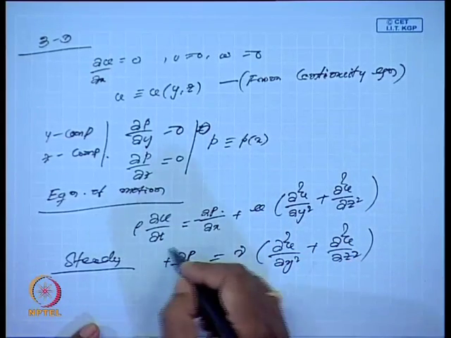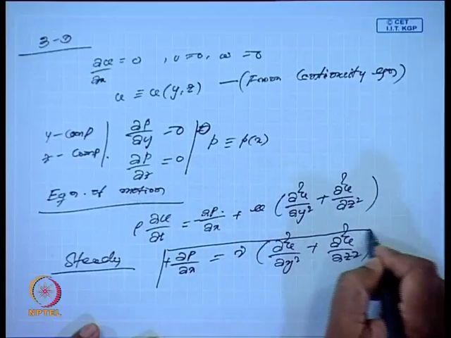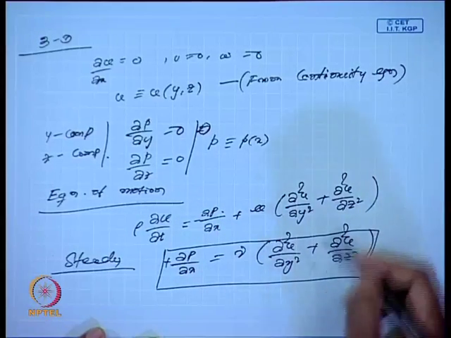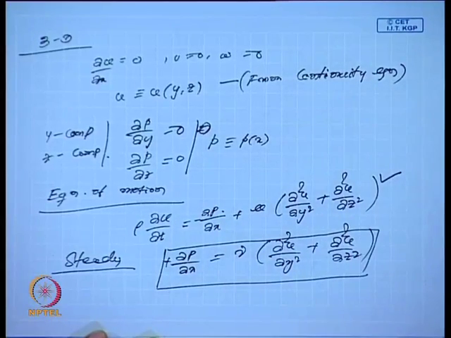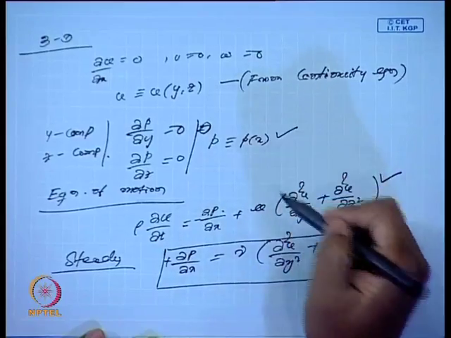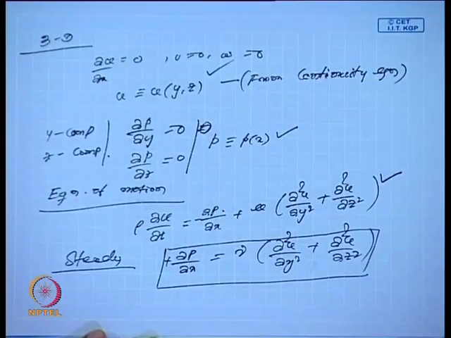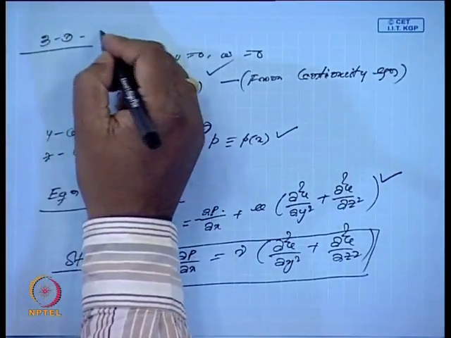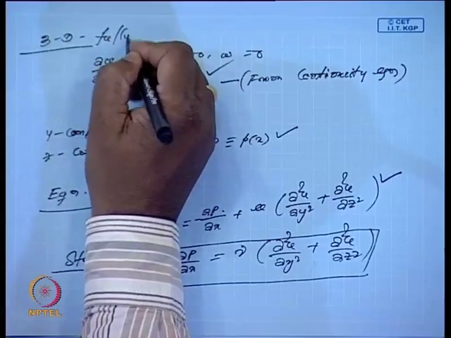So, for the steady case, this becomes the equation of motion, where p is a function of x and u is a function of y and z in the case of 3D fully developed flow.